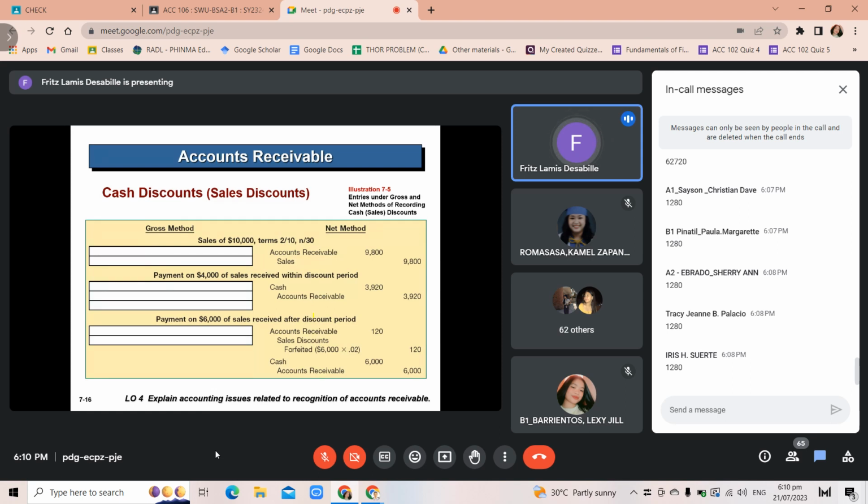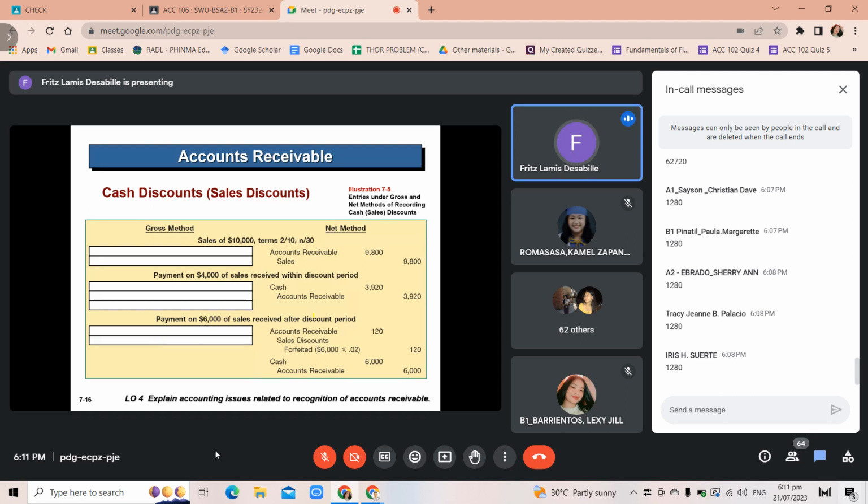You may open your mic, or you may comment in the chat box, what the recording of this transaction is under the gross method. The first transaction is sales of 10,000 and the term is 2/10, n/30. Now 2% of 10,000 is how much? I think that's 200. 2% of 10,000 is 200.